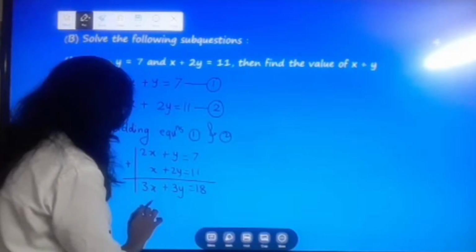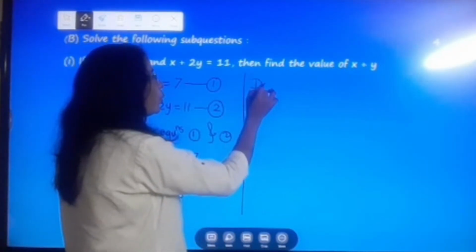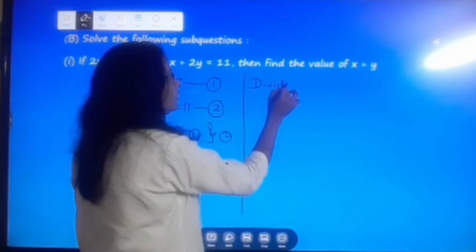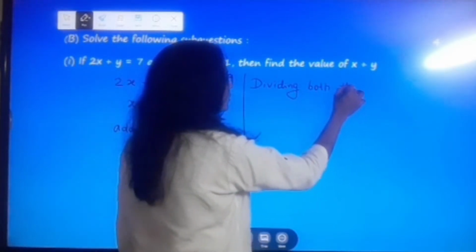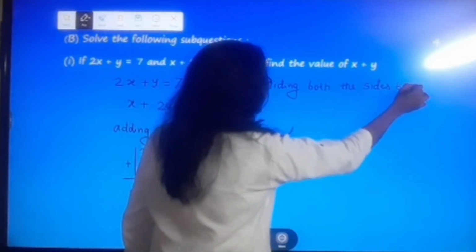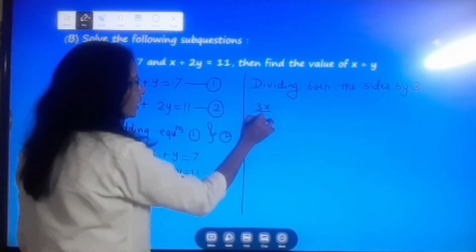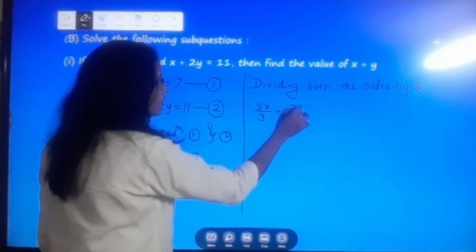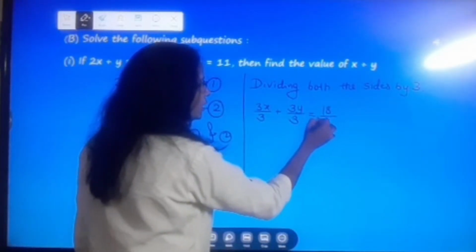So we divide both sides by 3. Therefore 3x upon 3 plus 3y upon 3 is equal to 18 upon 3.